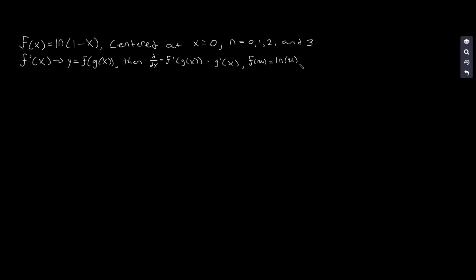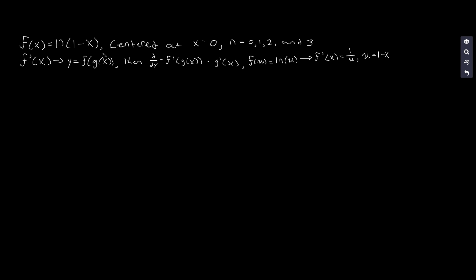And we need the derivative of the natural logarithm, which is just going to be 1 over u. And then the inner function is u, and u is going to be 1 minus x, because that's what's on the inside right over here.